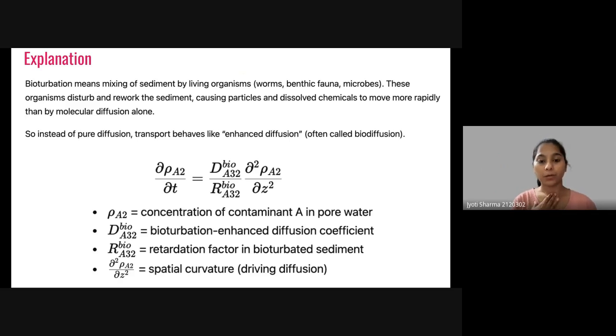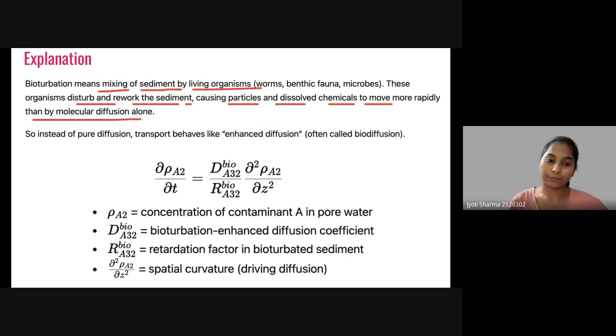Okay, so again, I'm giving the definition of bioturbation. This is nothing but the mixing of sediments by living organisms. These organisms disturb and rework the sediment, causing particles and dissolved chemicals to move more rapidly than by molecular diffusion alone. So that's how this is the change in concentration per time.